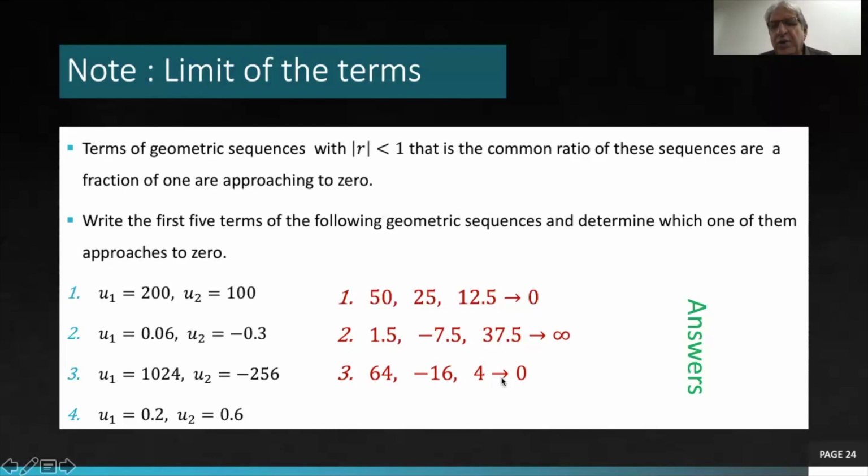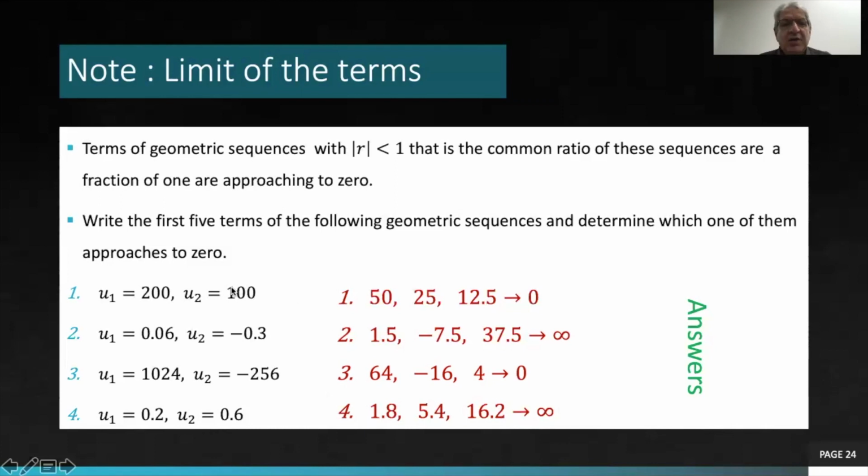And then if you continue, you're going to get negative 1, then 1 over 4, and it goes on like that. You can see they are reducing toward 0, but it oscillates toward 0. For the last one, even though it's small, you are multiplying each time by 3, therefore it's growing to 16. You can see that this grows to infinity.